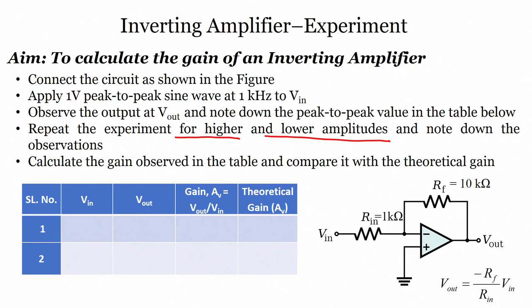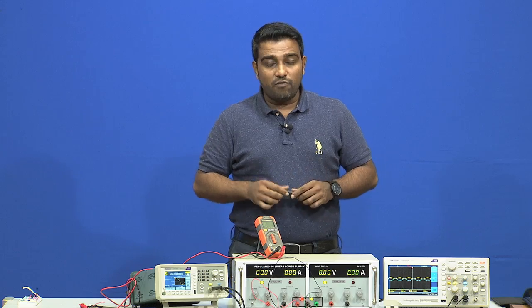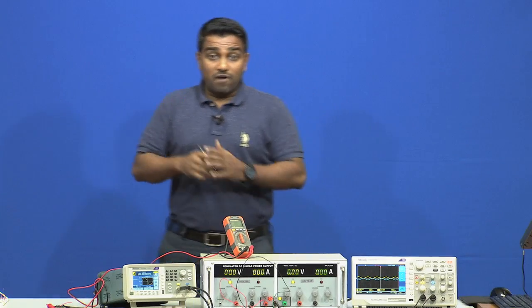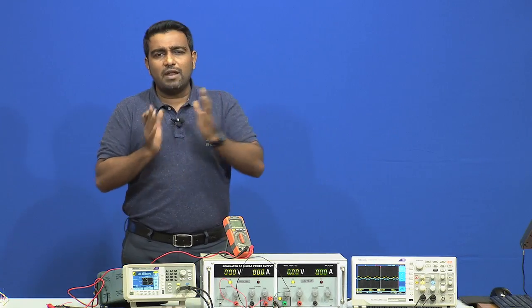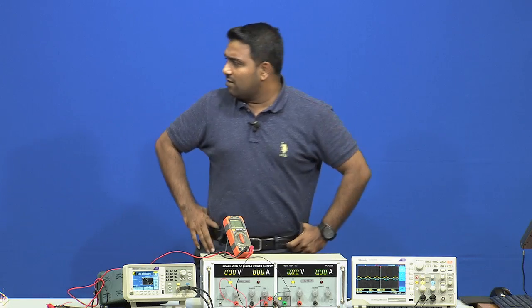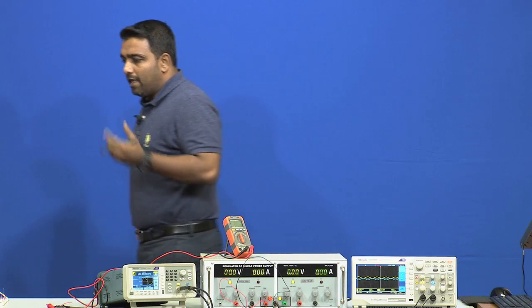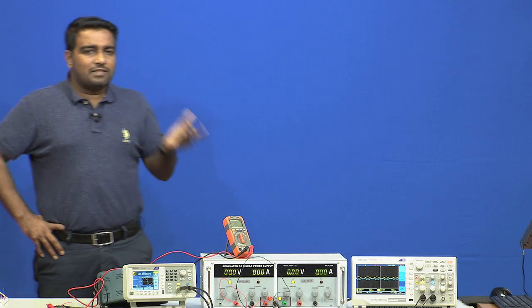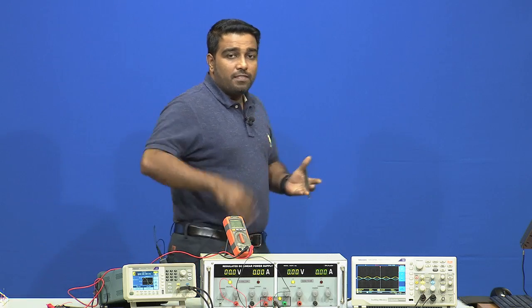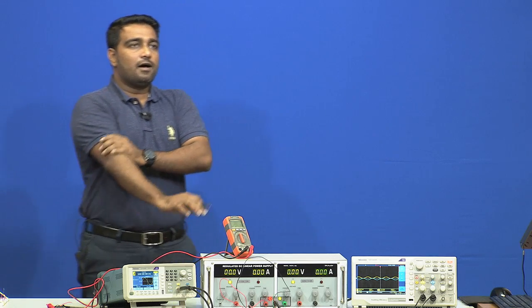Why important to understand? Because one thing that we understood in this particular experiment is that if we apply plus minus 15, right, what is the gain of the operational amplifier? If you remember, the gain of an operational amplifier was infinite. Then the question comes that, okay, if the gain is infinite, then if I apply 1 volt at the input, my output should be infinite voltage, right, is it not?